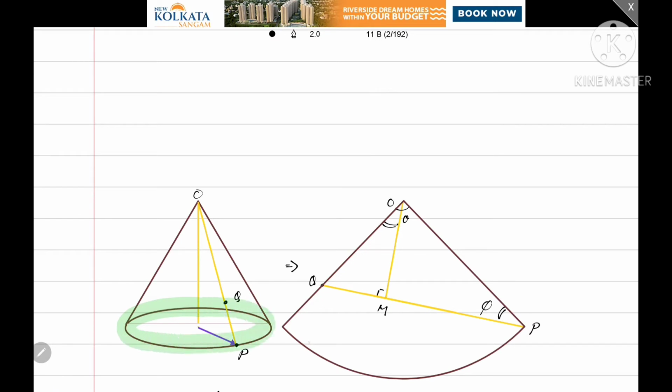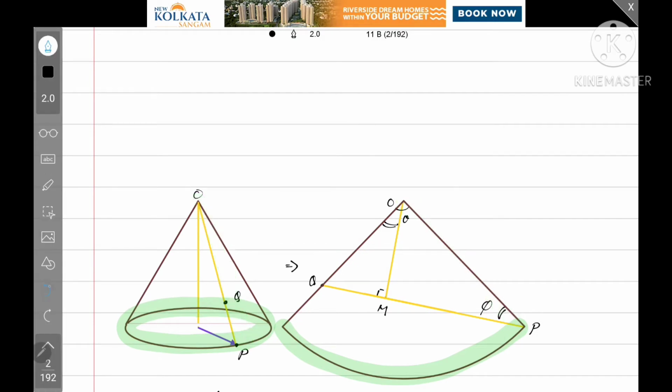Note this down. Look at this and this. These are the same. Here is the OP length. Now it is clear to us.